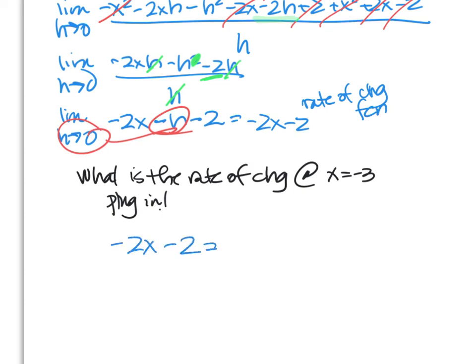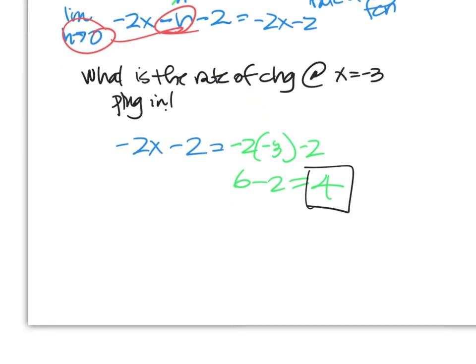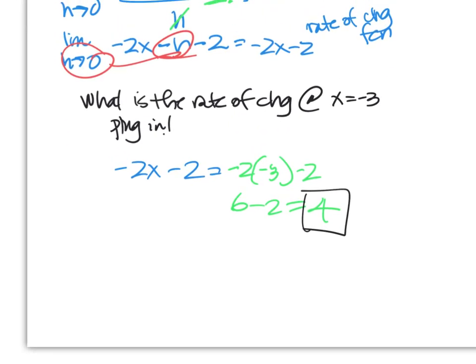So when I plug in that negative 3, I have negative 2 times negative 3 minus 2, which gives us 6 minus 2, which is 4. So this is the rate of change at the value x is equal to negative 3. So there's our solution.